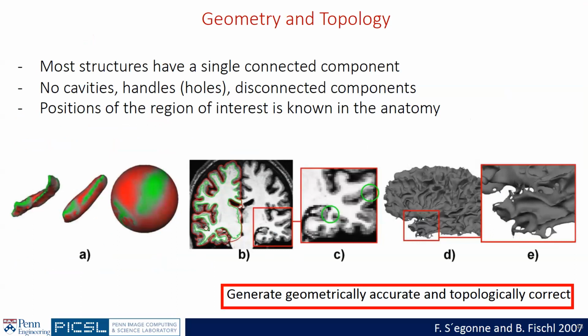The green over here is the white matter surface. The red here is the pial surface, right?